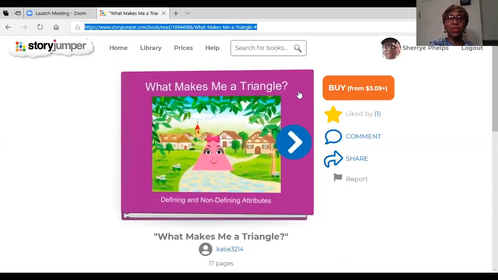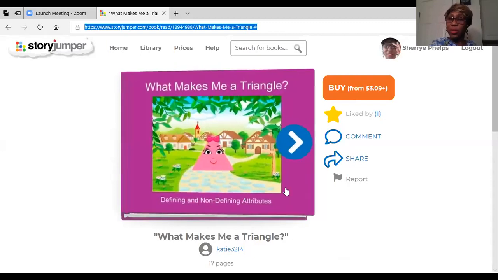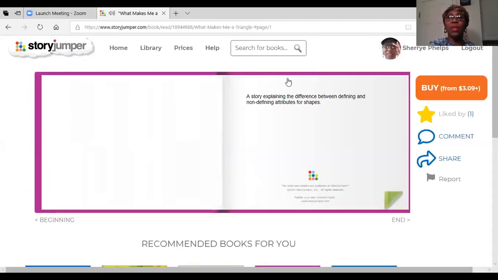What makes me a triangle? It says defining and non-defining attributes. Well, that's a big word, huh? Well, let's find out what Katie's talking about. It says a story explaining the difference between defining and non-defining attributes for shapes. In this particular case, a triangle.